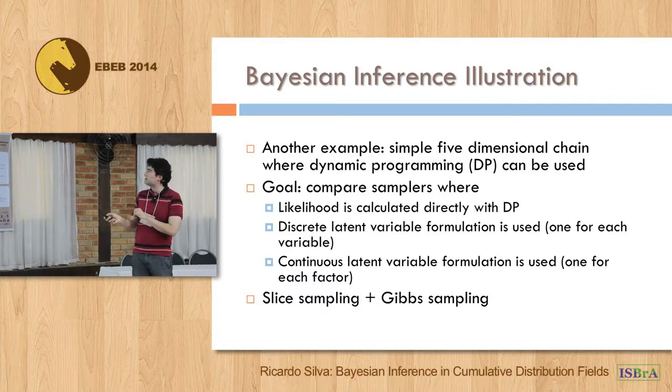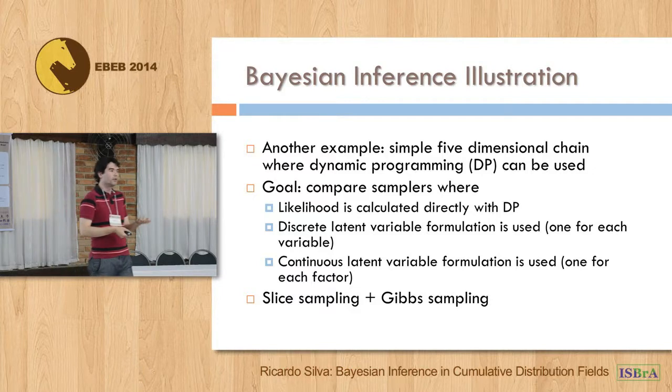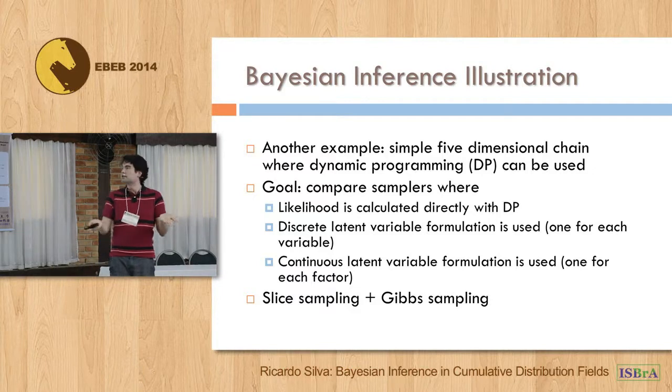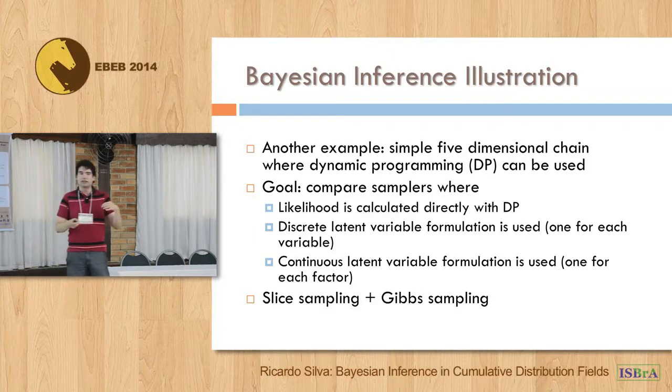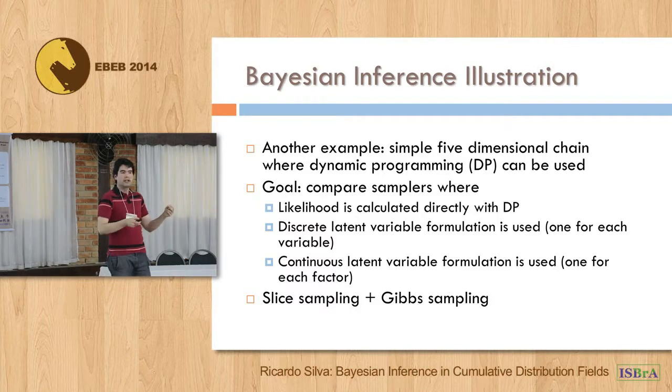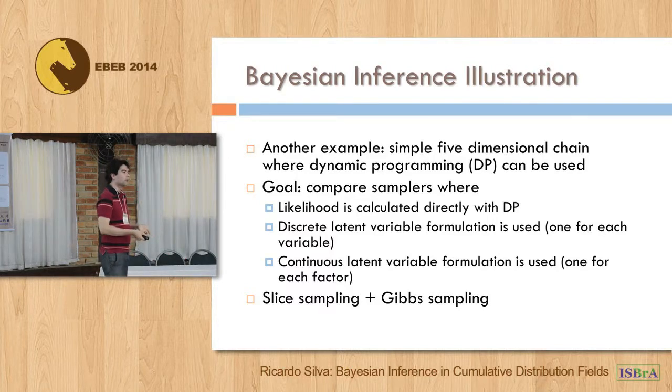Here you have a simple model which is a 5-dimensional chain. You can actually use dynamic programming to calculate the likelihood function because it's a very low-dimensional problem. What I'm going to do here is compare how well this latent variable formulation, which takes the difference indicators as if they are latent variables, does compared to an approach where I calculate the likelihood function using dynamic programming.